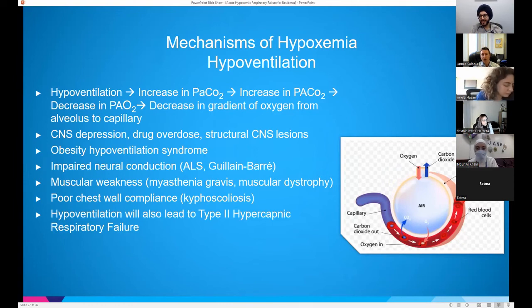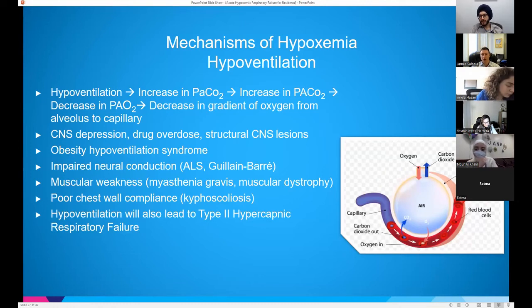With that increase in arterial carbon dioxide, we then have diffusion from the venous and arterial side into the alveolus. As carbon dioxide increases, it displaces the oxygen in the alveolus. And so our alveolar oxygen content drops, and then we have less oxygen to engage in gas exchange to go into our capillaries. Makes sense, right? Very simple, very easy to understand.